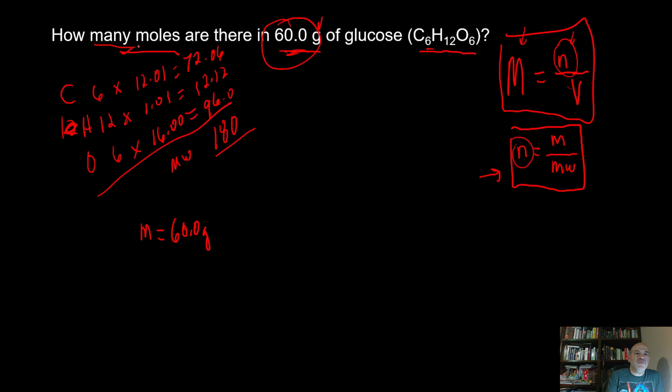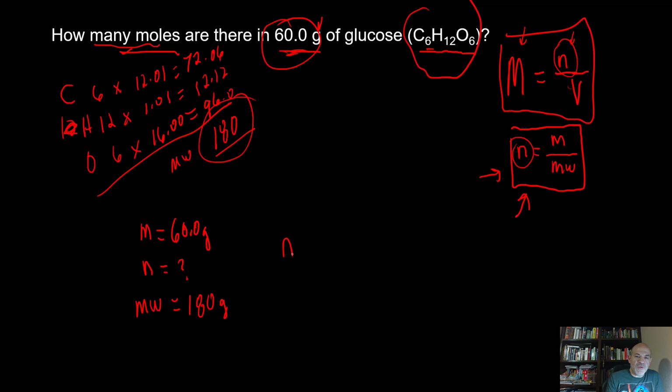They're asking us for a number of moles, n. That's the unknown. Sometimes in these concept problems, things are understood. What's understood? We can figure out the molecular weight, and we just did. Using a periodic table, that would be 180 grams per mole. So now we use this formula, where n, the number of moles, is equal to the mass of how much you have divided by the molecular weight of that substance.